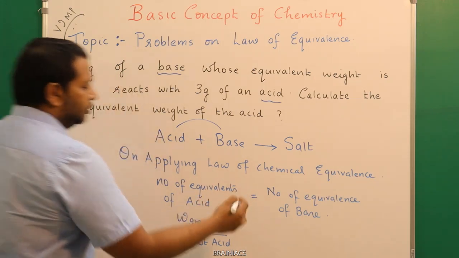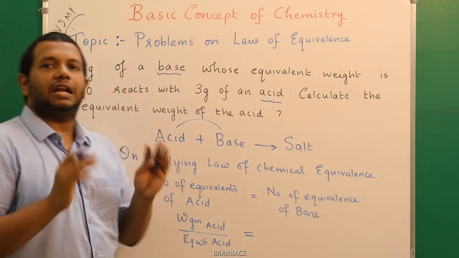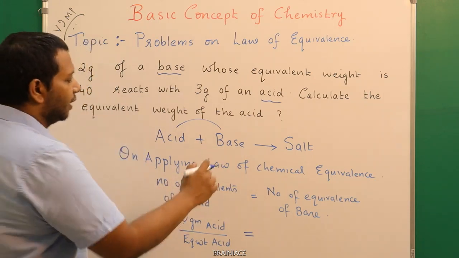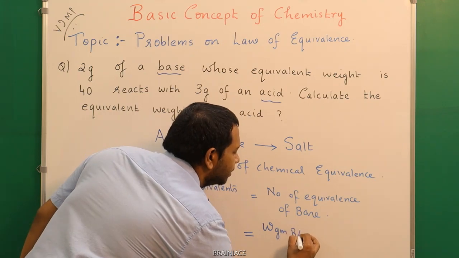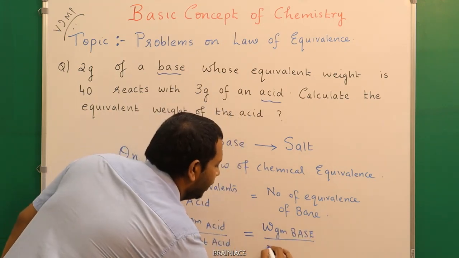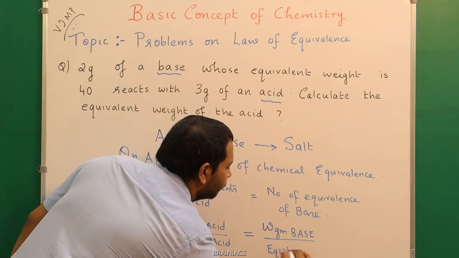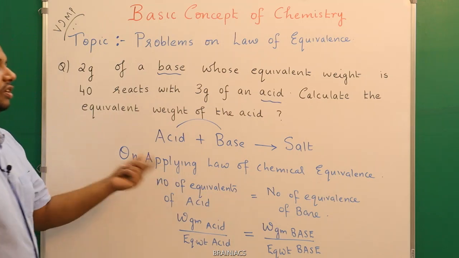This will be equal to the number of equivalents of the base. Similarly, we can write weight in gram of the base divided by equivalent weight of the base. Now you just need to substitute here.